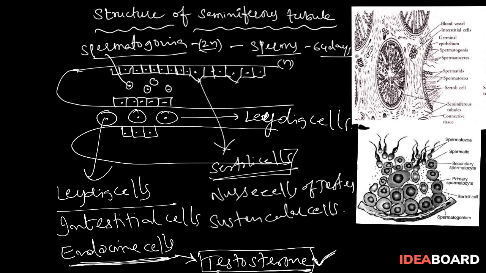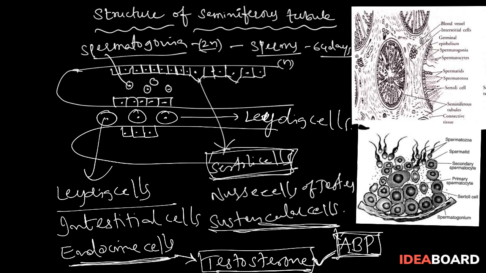The Sertoli cells, the nurse cells of the testis, or the sustentacular cells, also have a role in the secretion of hormones. These sustentacular cells secrete the hormone androgen binding protein.